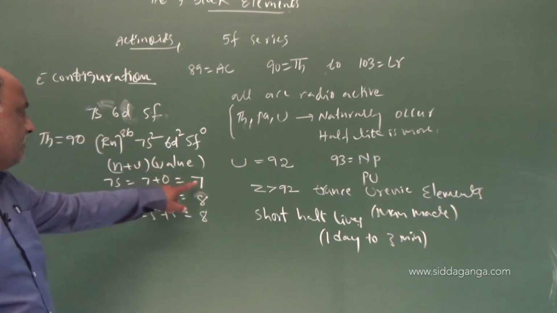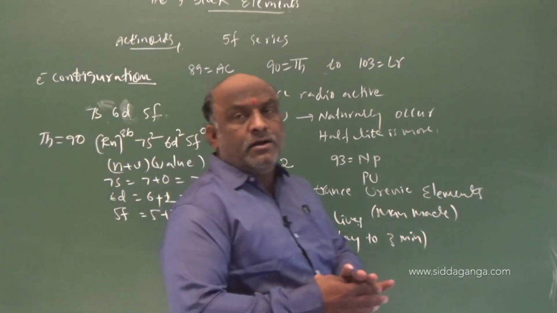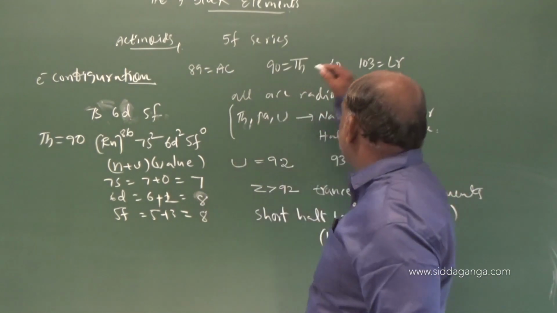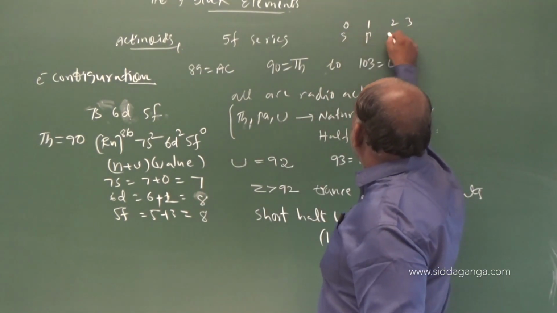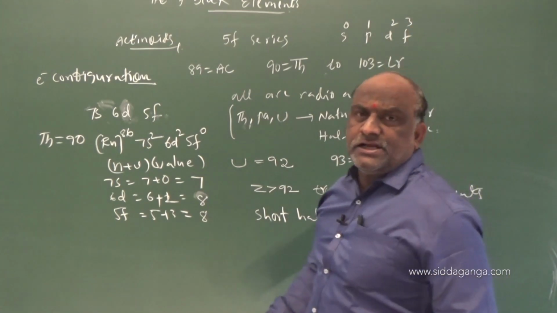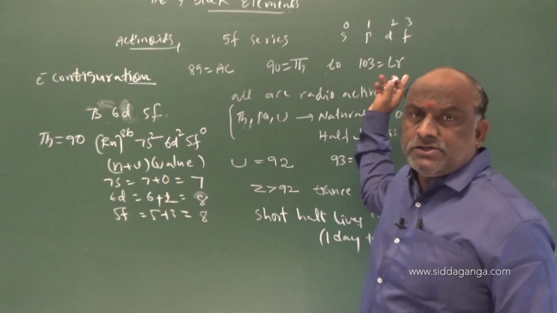7s is 7, 6d is 6 plus 2. Already we know the l values are 0, 1, 2, 3 for s, p, d, f. For an s orbital l is 0, for p orbital l is 1, and for d and f orbitals 2 and 3.